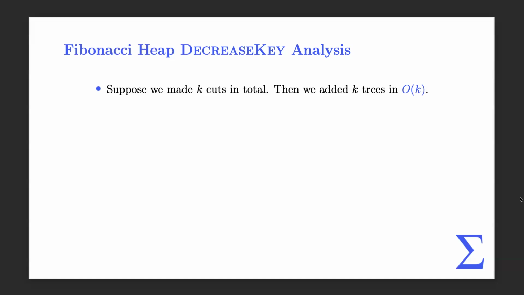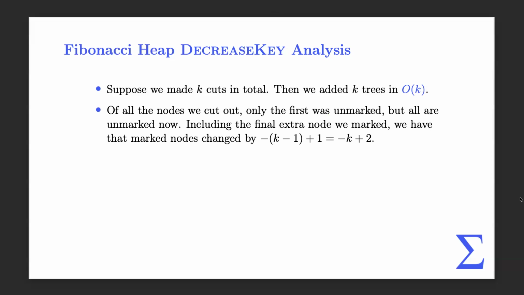But let's just say in some operation, we cut out k nodes. That means we added k trees. Of all the nodes we cut, only the first was unmarked, because everything else was marked, and that's why we cut it out.